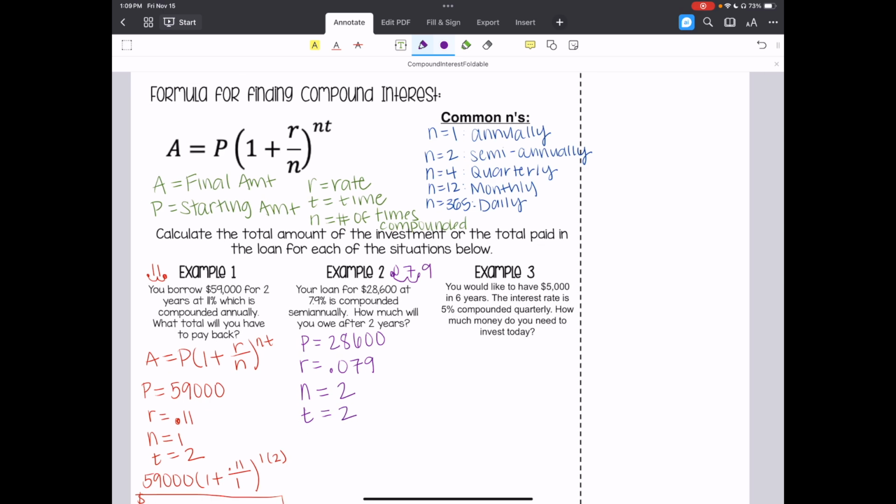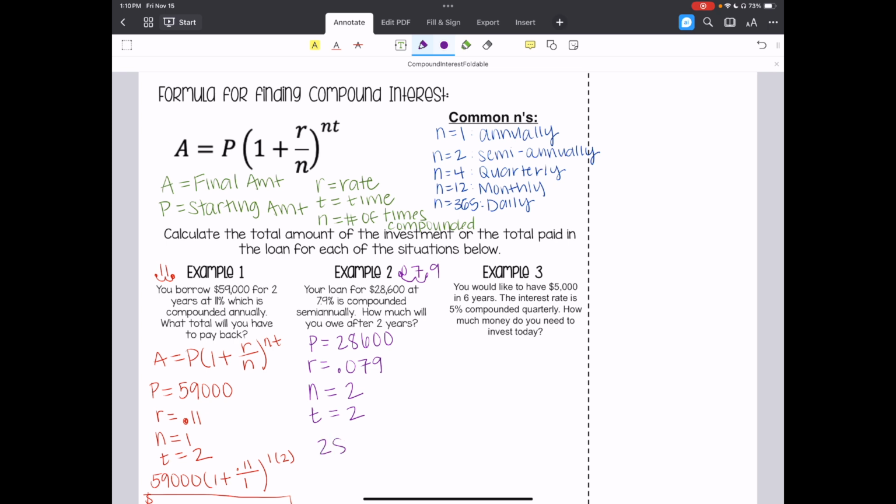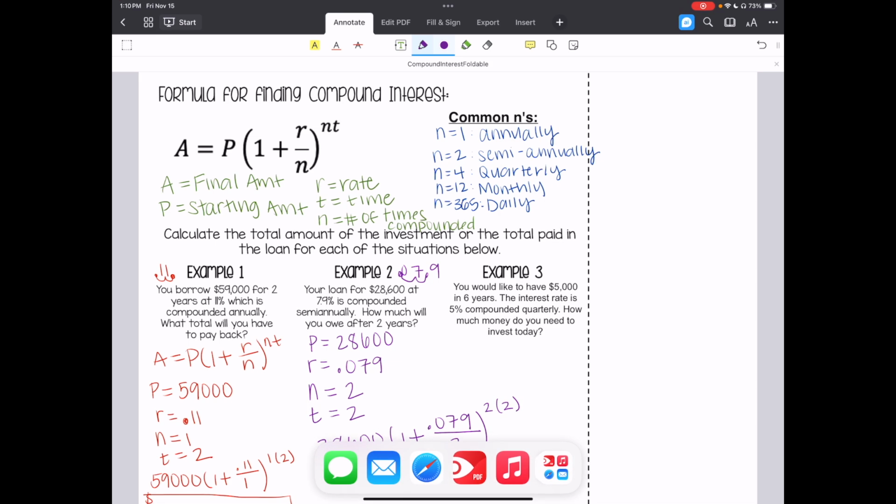So we're going to plug this in. So 28,600, 1 plus 0.079 over our n value of 2, and then n times t. So we go and we're going to plug that in to Desmos.